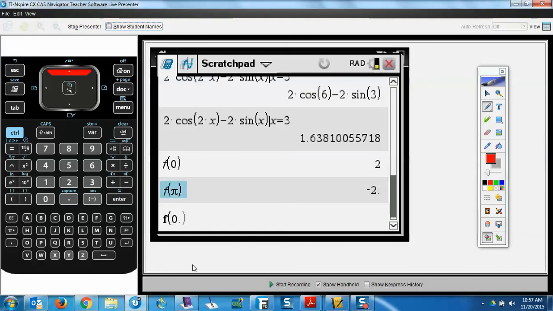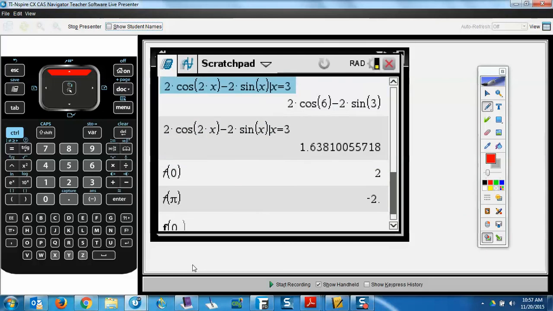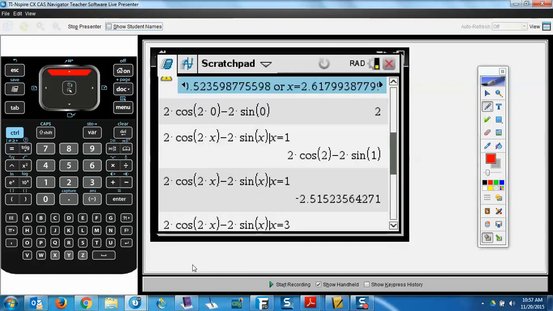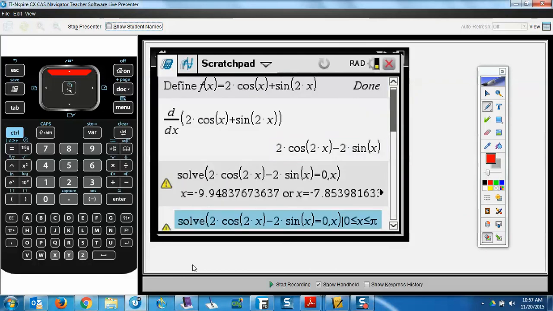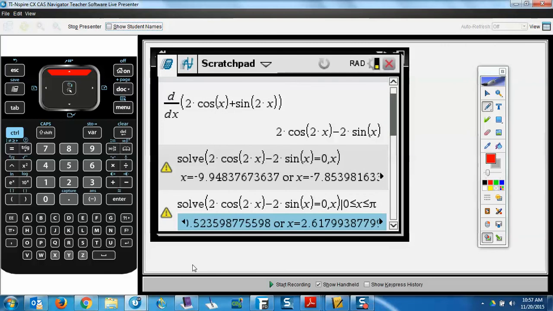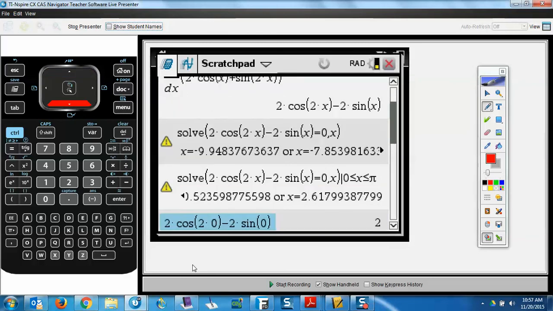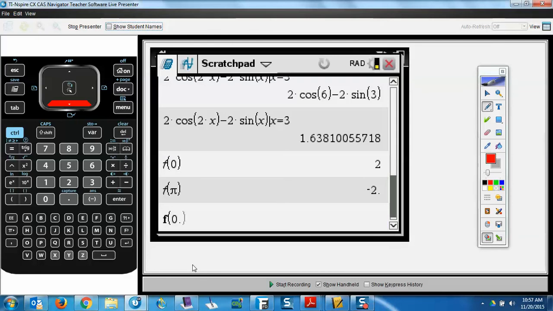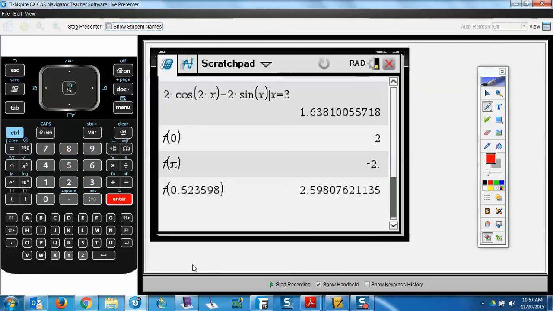Arrow up. Here's where we don't want to just put 0.524, so arrow up and let's find those values. 0.523598, just to be safe. There we go. And then f of whatever that other one was, 2.6.